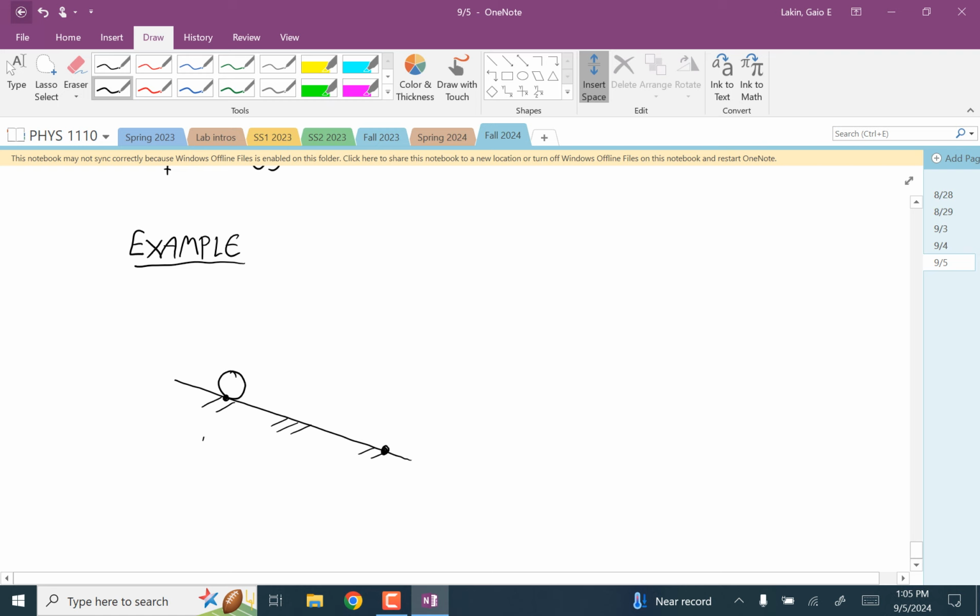And let's say that the elapsed time to get from A to B is 1.0 second. And we want to calculate the distance between those 2 points.